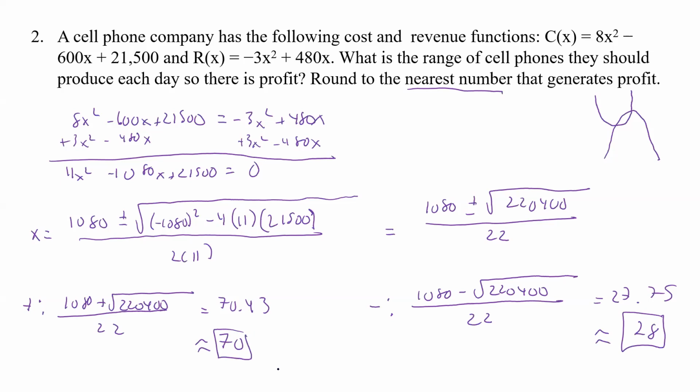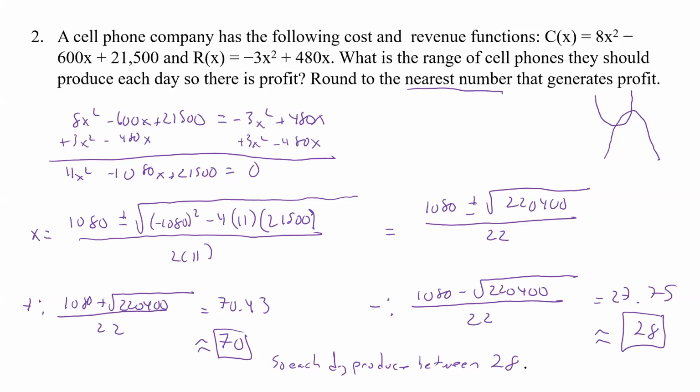So the range per day: each day produce between 28 and 70 cell phones per day. I'm wondering if these are actually thousands, because it doesn't make sense to produce just 28 things.